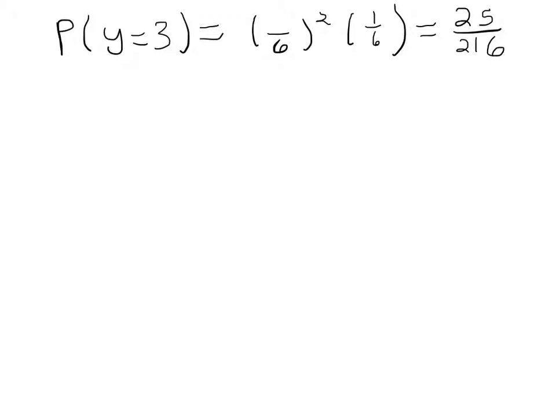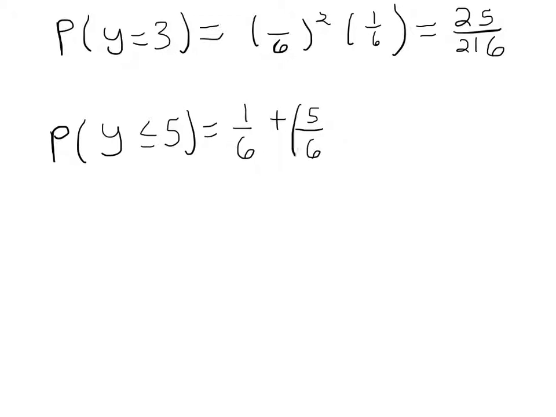So if I did something like, what's the probability that y is less than or equal to 5? What would that look like if I start writing it out? Well, if y was 1, that means I got the 4 on the first roll. What about if y was 2? That means I missed the 4 on the first roll, got the 4 on the second roll.